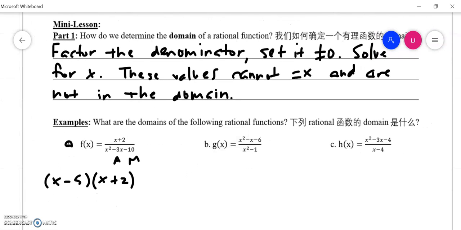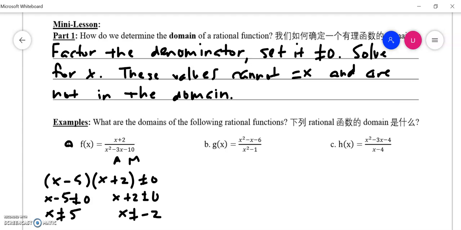So now what we do is we set this not equal to 0. We solve for x the same way as if we were setting equal to 0. So x minus 5 does not equal 0. x plus 2 does not equal 0. So x does not equal 5 and x does not equal negative 2.